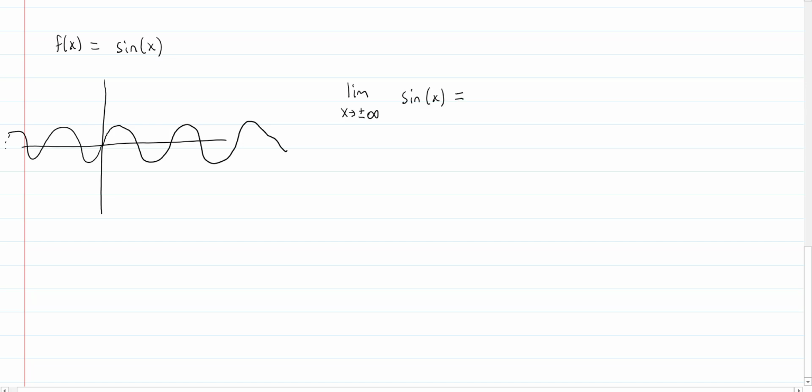Regardless of which one you're looking at, as x moves further and further to the right, sine of x is not really approaching any single value. Rather, it just keeps oscillating back and forth, never approaching a single value. So because of that, this limit would not exist. And same for the limit as x goes to negative infinity. And so because neither of these limits exist, you can see that this function has no horizontal asymptotes, and that's pretty clear when you look at the graph. It will be a similar story for cosine as well.